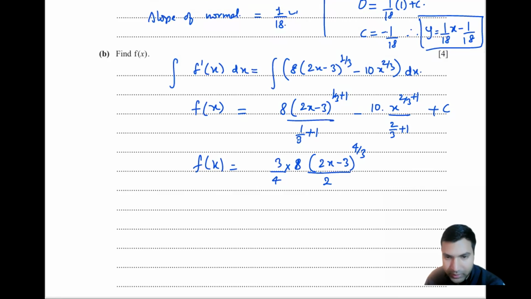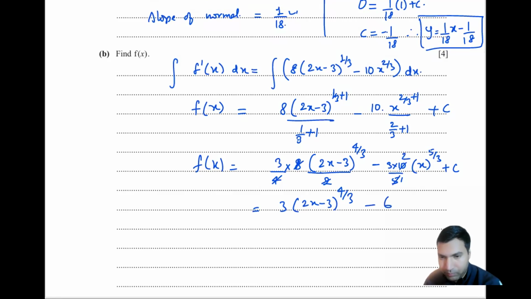So put it in the denominator. Negative. So 2/3 plus 1 is basically 5/3. So 3 goes up, multiplied by 10 over 5, x to the power 5 over 3 plus c. So this becomes 3. 4 and 2 and 8 cancel out, times (2x minus 3) to the power 4/3 minus 6. 5 times 1, 5 times 2, x to the power 5/3 plus c.